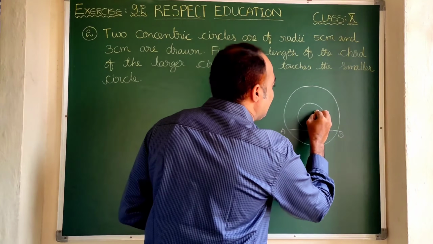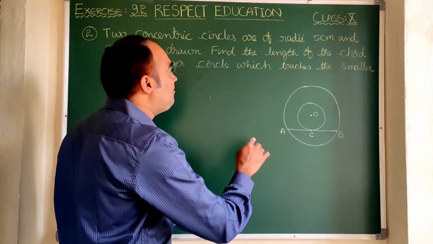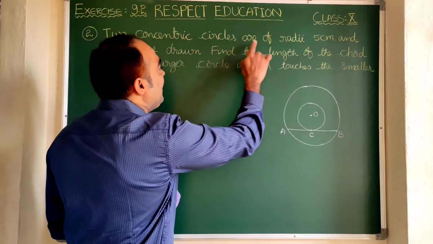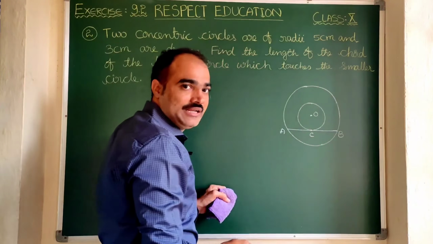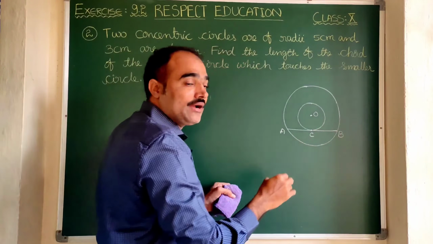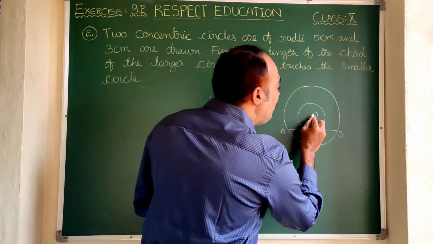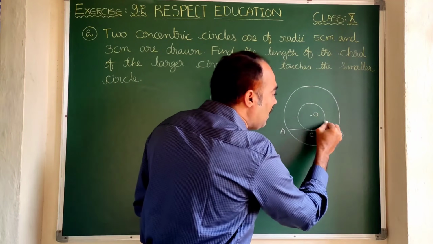So here let us draw, let us write what is given here. Before that, let us read the question. Radii, whose radii? The first one, the bigger one's radius is 5 centimeter. Radius can be drawn however you want, but according to our solution, better you draw it. Here let us join either OA or OB.